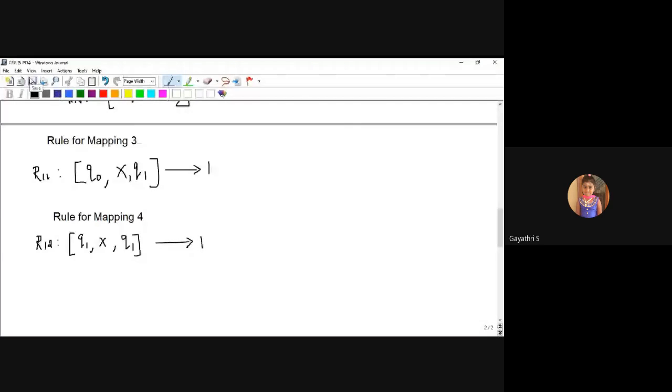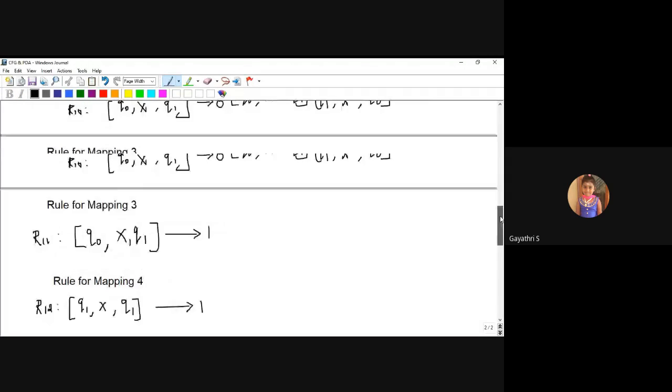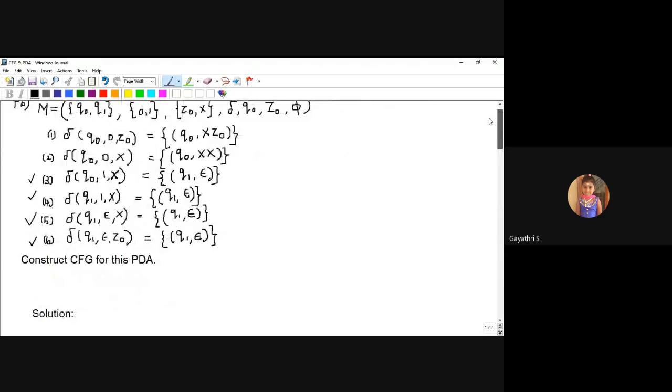Next, rule for mapping 5. That is rule number 13. So this is the mapping 5. So first element Q1 in the left hand side. The right hand side first element, which is also Q1.